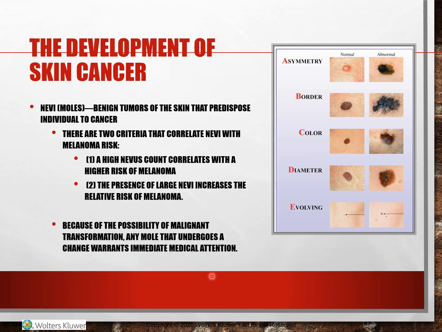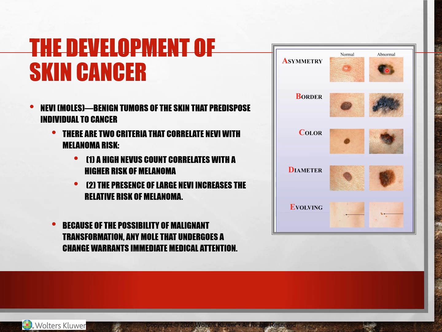Because of the possibility of malignant transformation, any mole that undergoes a change warrants immediate medical attention. And what we mean by change is things like changes to symmetry. So here's a normal nevus, and when they become abnormal, the outer borders become asymmetric. They're not nice and rounded.